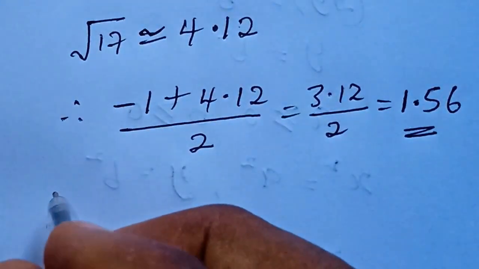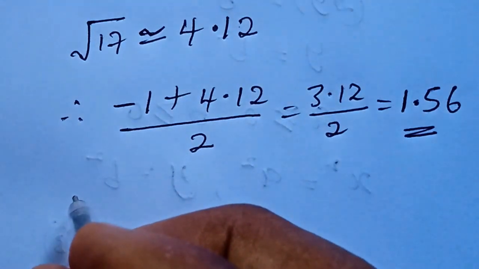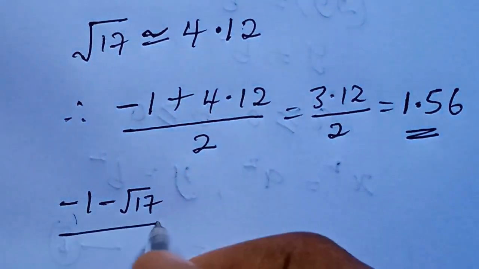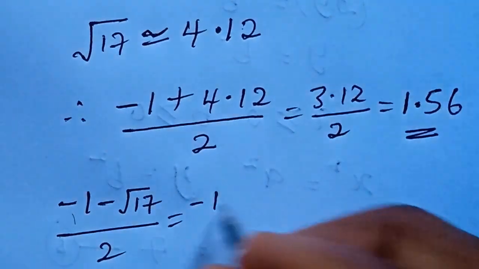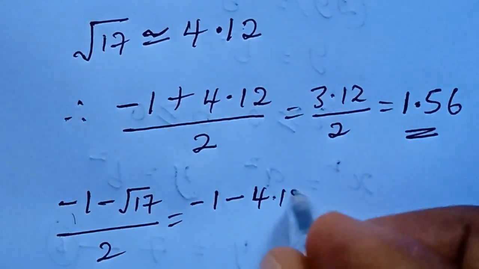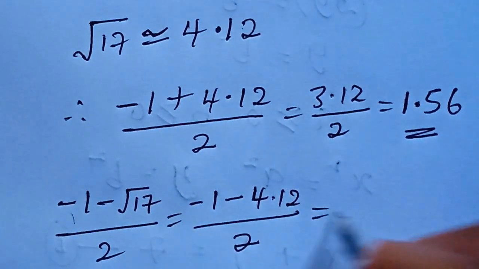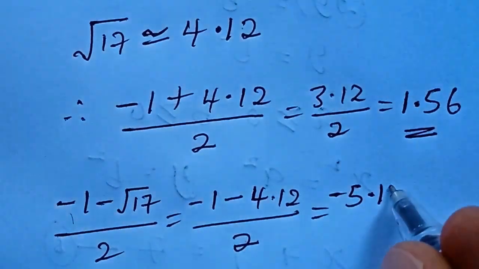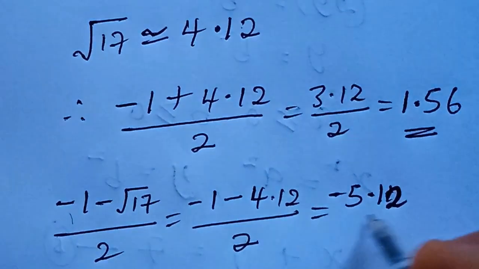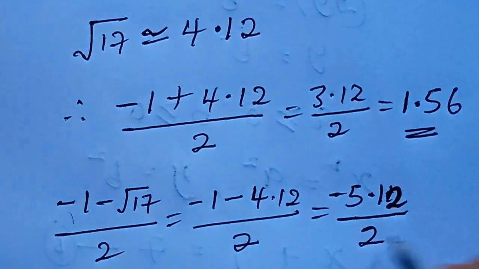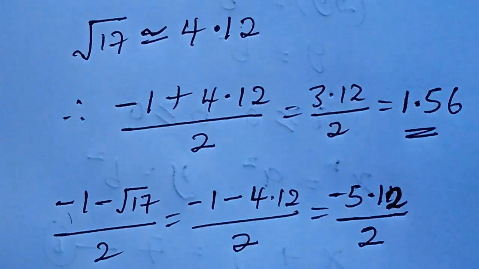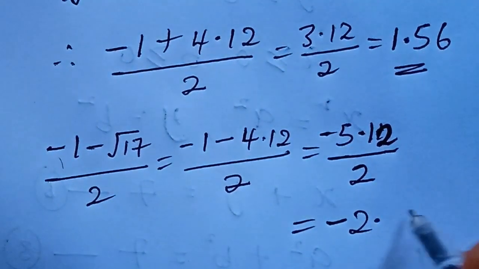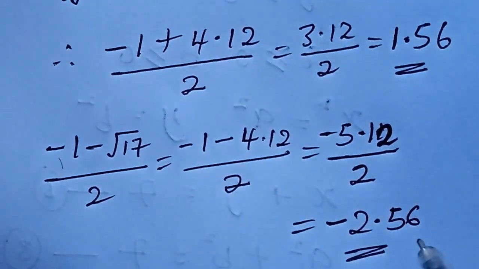Then for the other value of b, which gives us minus 1 minus square root of 17 over 2, can be written as minus 1 minus 4.12 over 2, and this is simplified as minus 5.12 over 2, and we arrive at a negative value of minus 2.56.